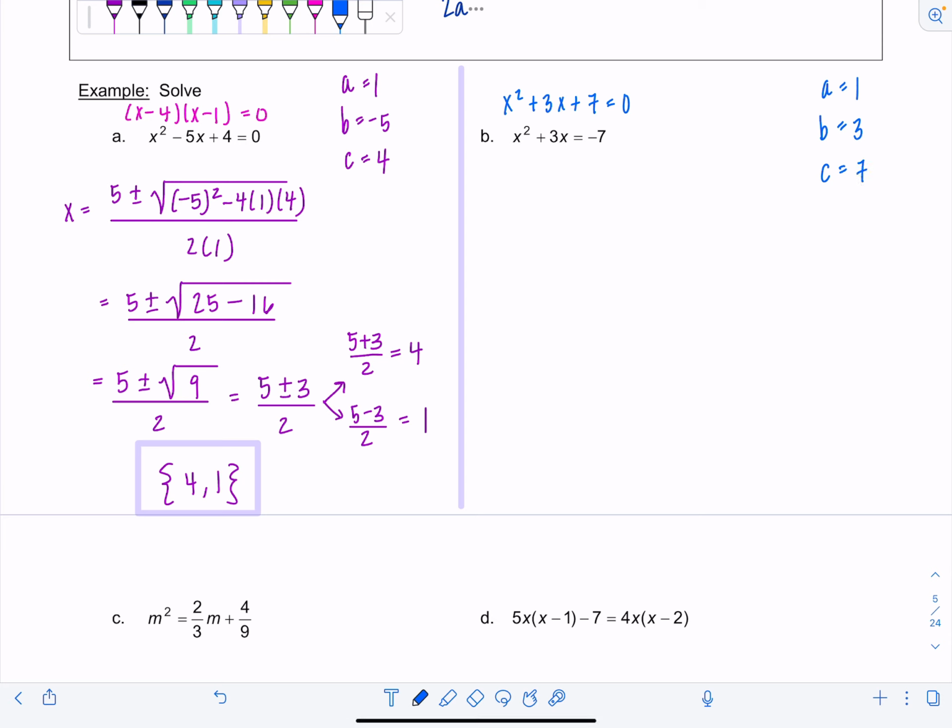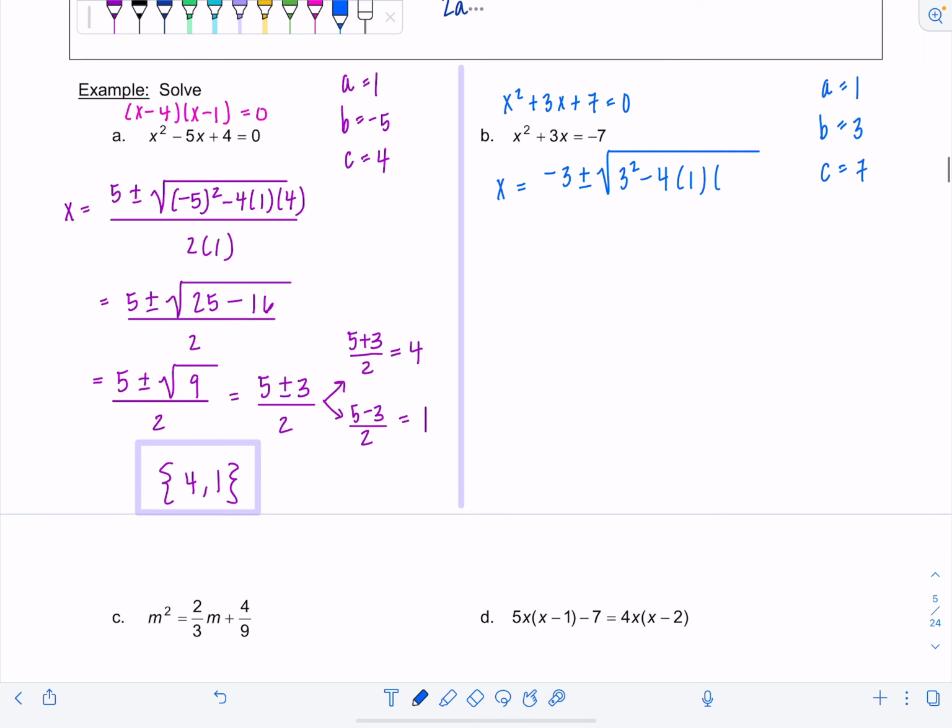Okay, so we have x equals, make sure you always write whatever the variable is equals. Don't just plop down the right side of the quadratic formula with nothing equal to it. Opposite of b plus or minus the square root of b squared minus 4ac. And then this is all over 2a.